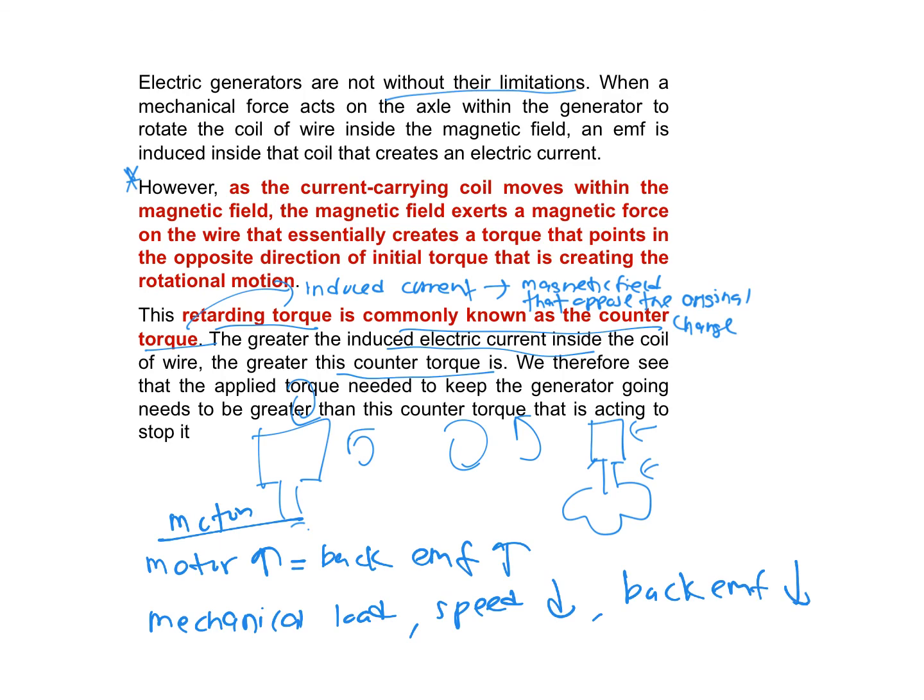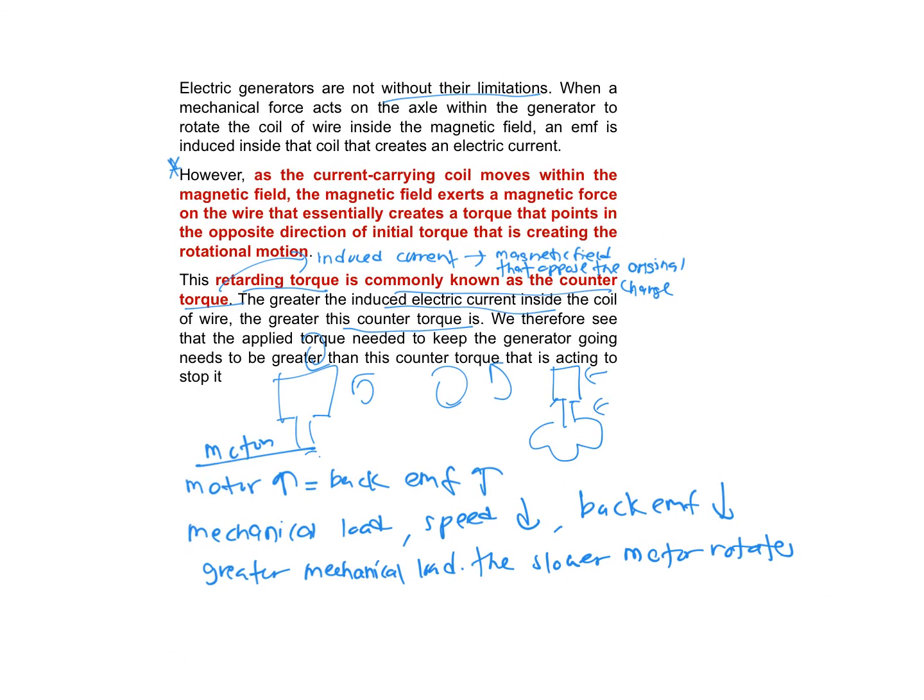So you can conclude that the greater the mechanical load, the slower the motor rotates, or here our armature rotates, and therefore it is going to lower the back EMF. So basically, motor and generator both produce a counter torque, or another name is back EMF, or another name is drag torque.